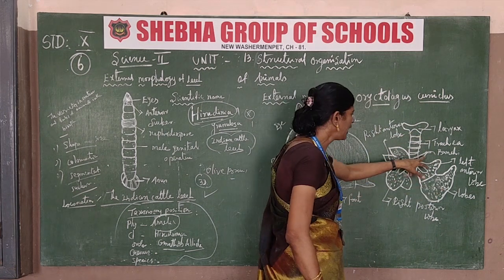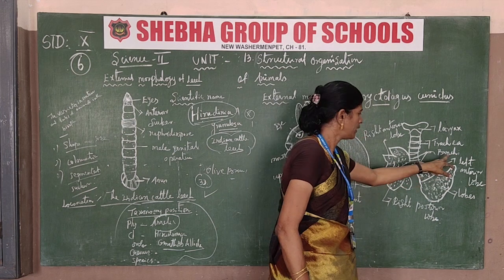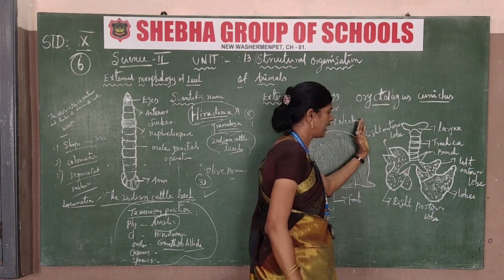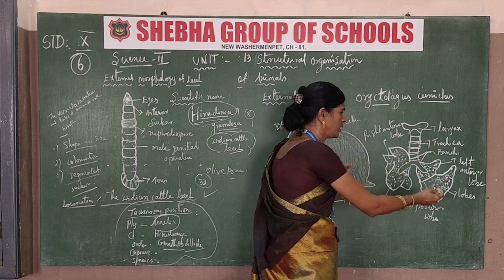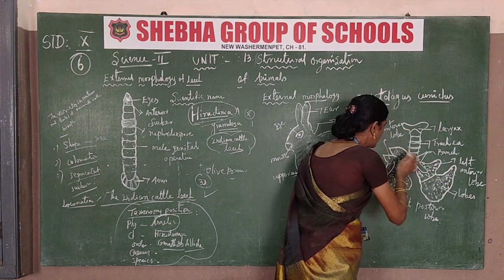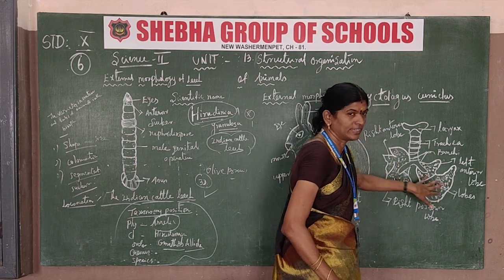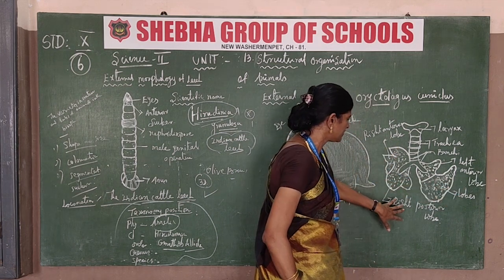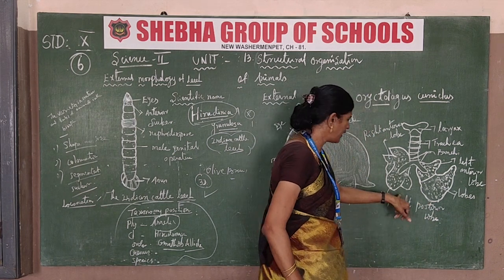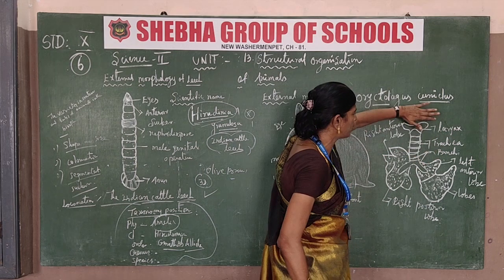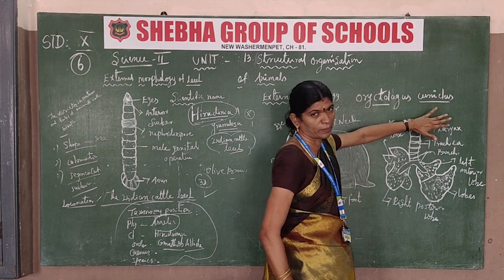Then the left anterior lobe and right anterior lobe, so the lobes are divided into two sides. The right posterior lobe has upper and lower sides.